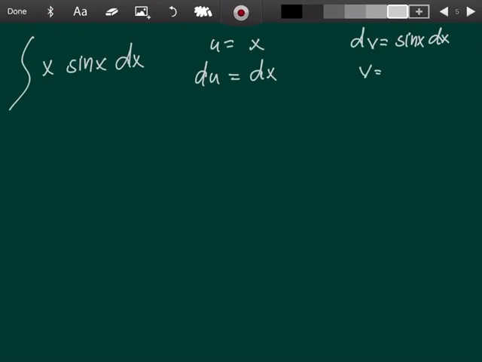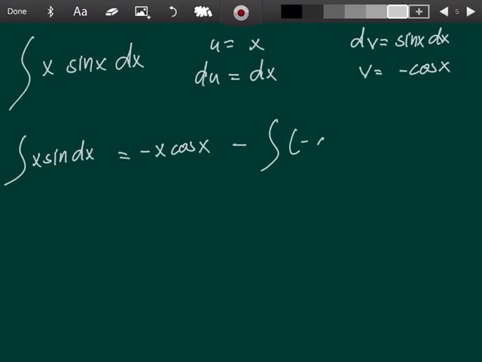Anong integral ng dv na sine x dx? It is negative cosine x. So, we're going to write it as the integral of u dv is equal to what? Negative x cosine x minus the integral of v du.